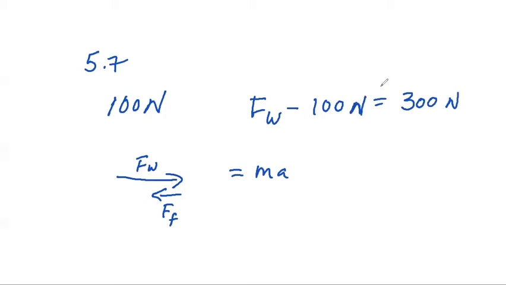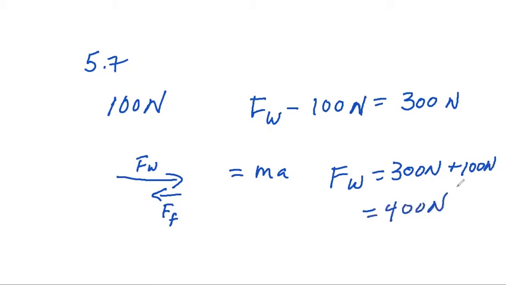I'm going to get 400 newtons. Force of the wind equals 300 newtons plus 100 newtons equals 400 newtons. And that makes sense. The wind has to blow with more force to overcome that friction. So it's going to be the MA plus the frictional force.